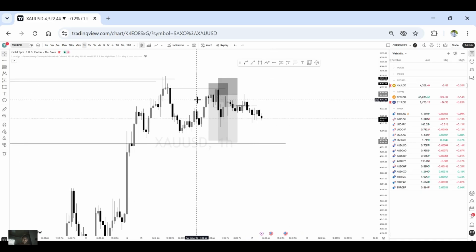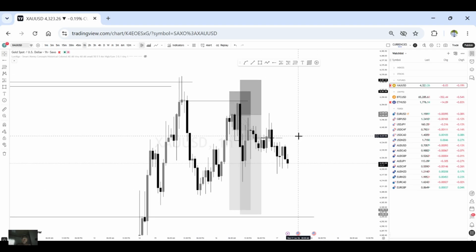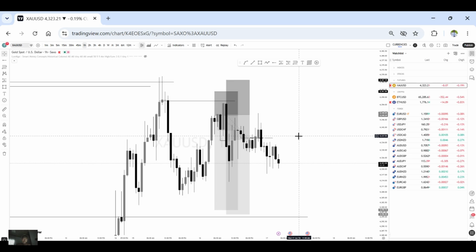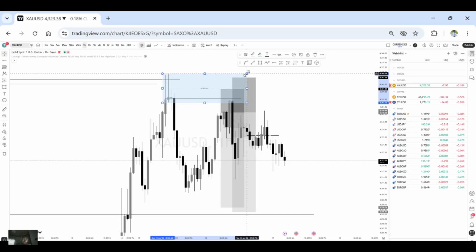So what exactly was my confluence or my confirmation here is that I waited for price to come into this zone, you see, into this zone, and give me a market structure shift. Initially, we already had a shift.